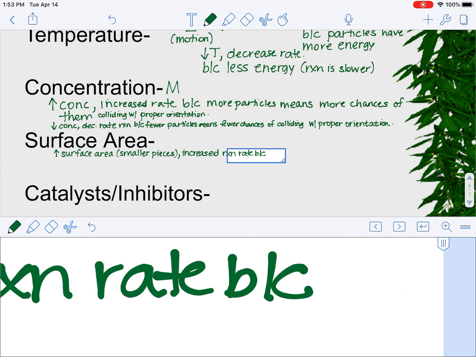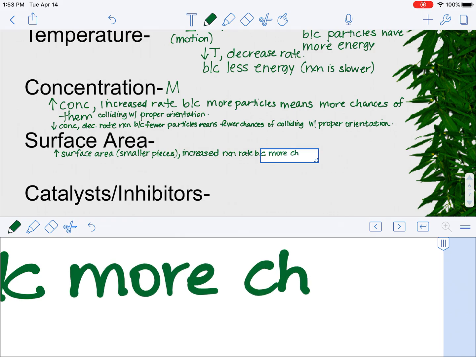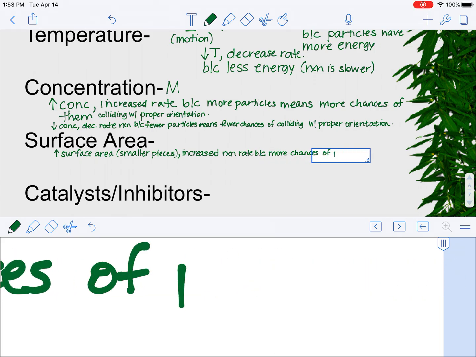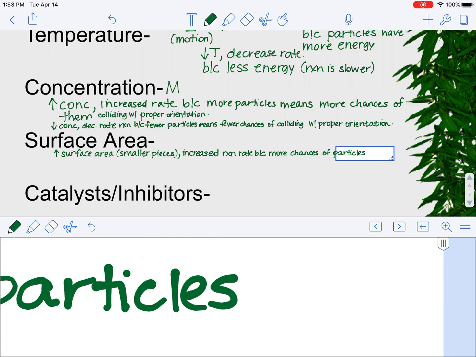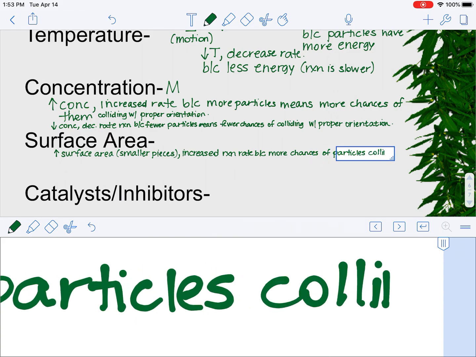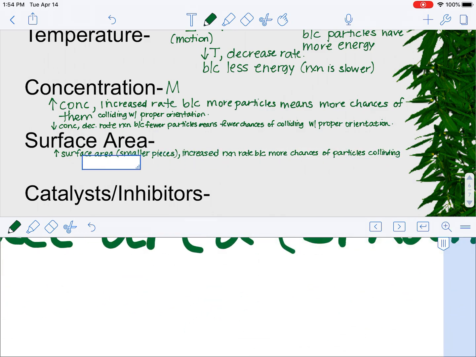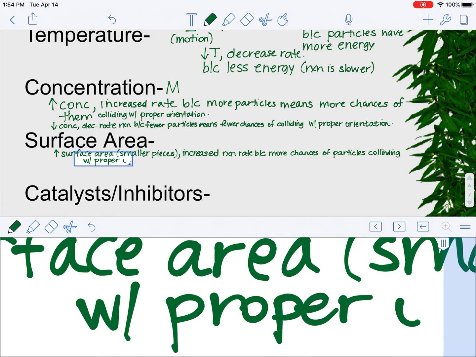Increased reaction rate, again, because you have more chances, it's more probable, of the particles colliding with the proper orientation.